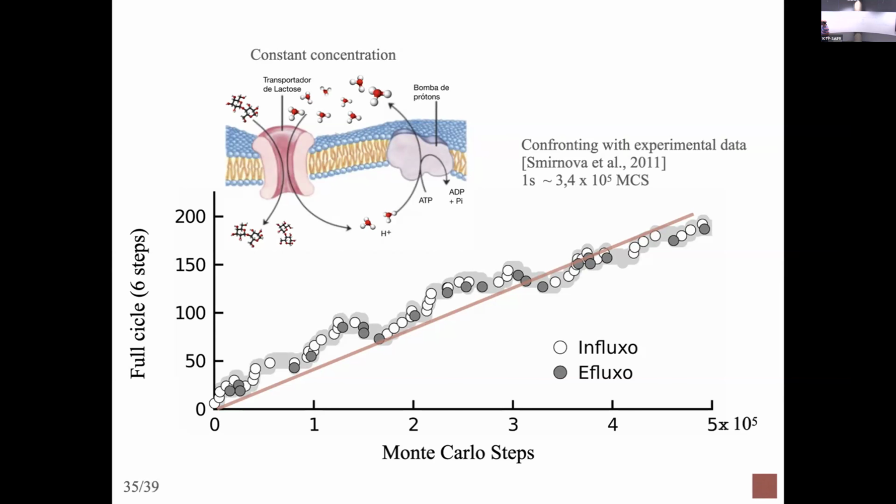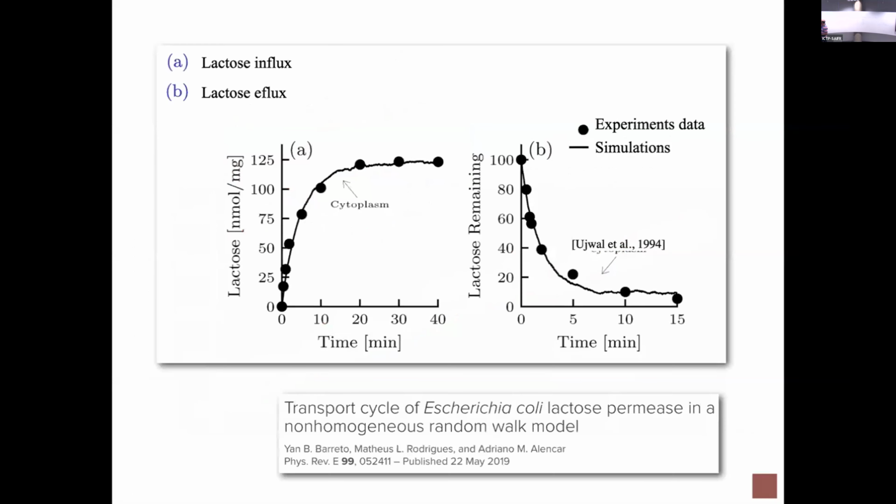And we also could compare these results with experimental data, because we have this curve more or less in the experimental data, and then we could find how many Monte Carlo steps correspond to 1 second. Basically, based on this curve, we could convert Monte Carlo steps to time, and then we get this type of curve.